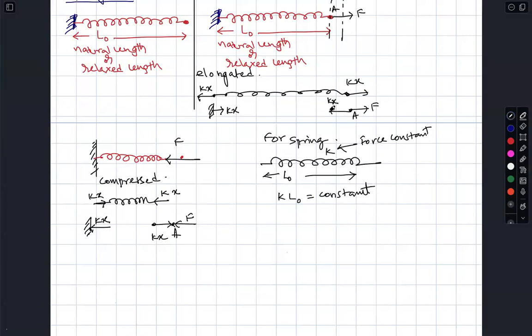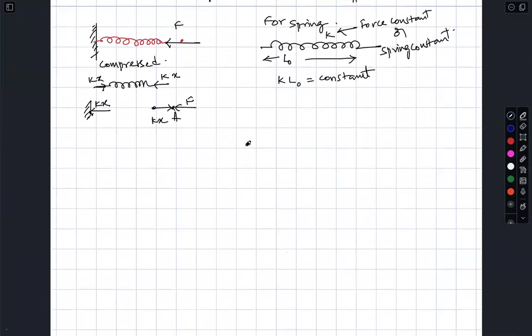Force constant or spring constant, for every spring, should satisfy this condition. K L naught is constant. Now, for example, you have a spring like this.